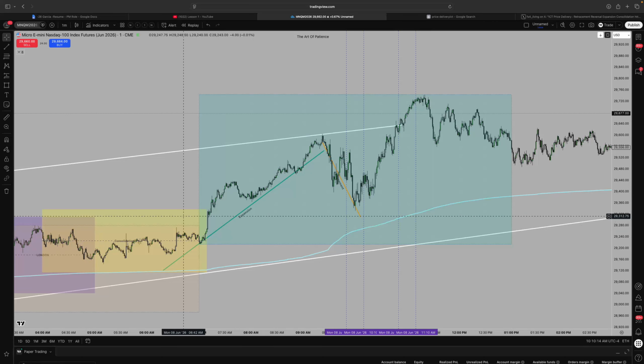So not always will consolidations be this large time wise. Sometimes we have small consolidations and then it finally breaks out. So after this retracement will be the consolidation.